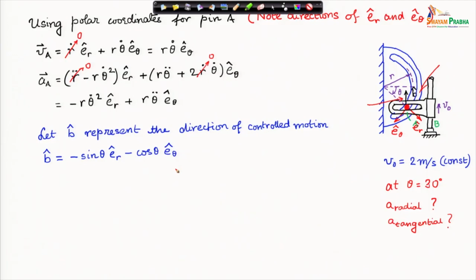So, the representation of b cap, which you should be able to do, I mean you should be able to find out this representation of the unit vector vertically upwards as minus sine θ e_r cap minus cosine θ e_θ cap. So, this is the representation of this control motion direction, which is vertically upwards, the representation of b cap in the e_r, e_θ coordinate system.